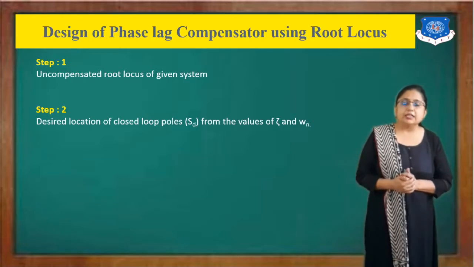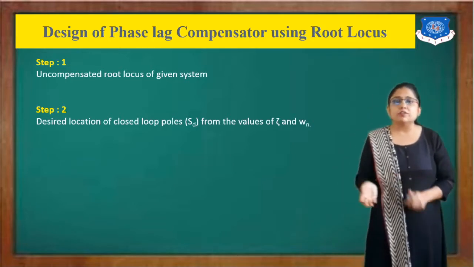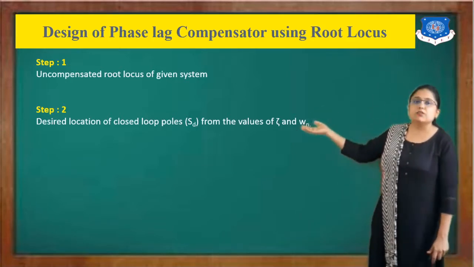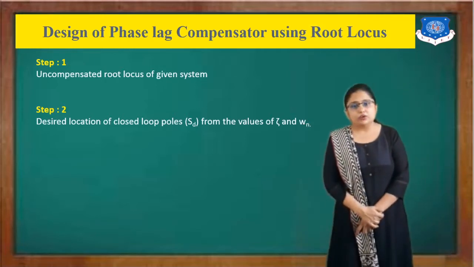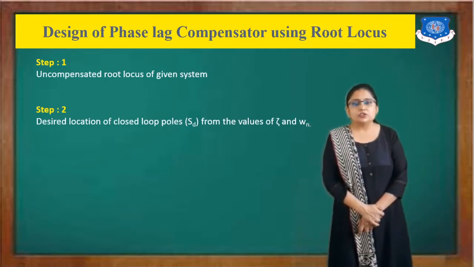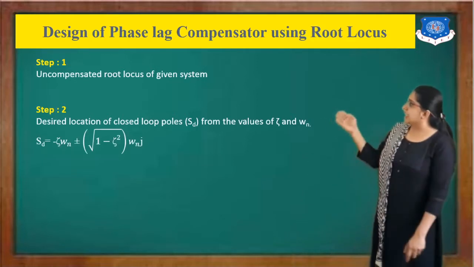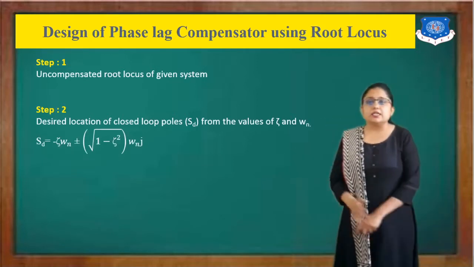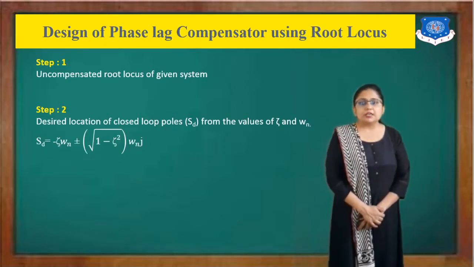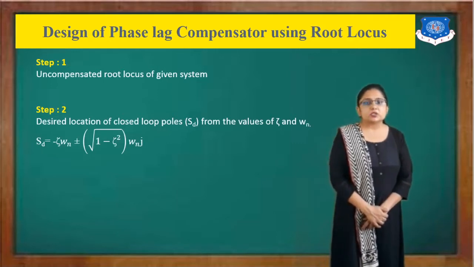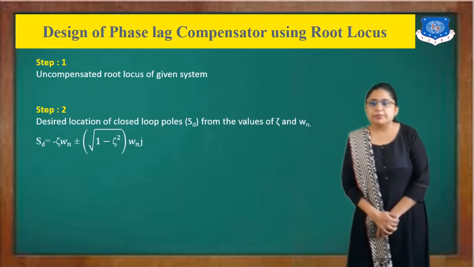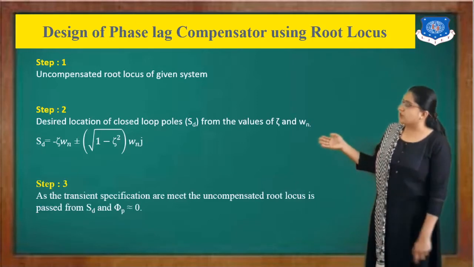If you remember, in a phase lead compensator also we find the desired location of the closed loop pole. And as you know, the equation is s_d equals minus zeta omega_n plus or minus j omega_n under root of 1 minus zeta square. Now, step 3 is what?